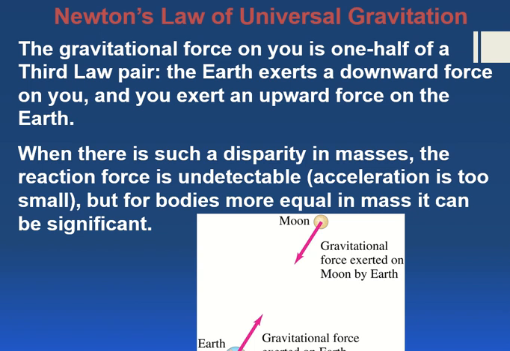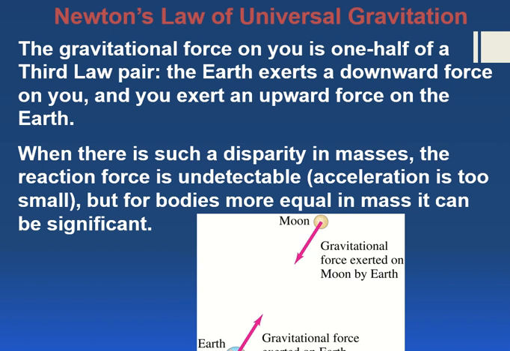The gravitational force that is being exerted on me right now and you right now is only one half of a third law pair. Remember Newton's third law: for every action, there is an equal and opposite reaction. So the Earth is pulling downward on me, but I'm also pulling upward on Earth.